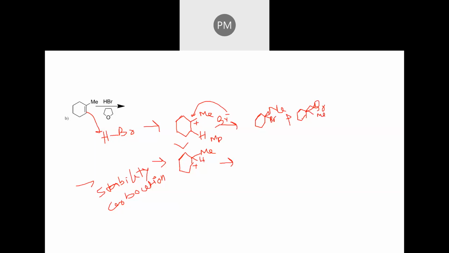So this will be our major product, where the 2-degree carbocation is produced. These two will be the major products, and the least major product will be where Br attacks at the second position compared to the methyl.